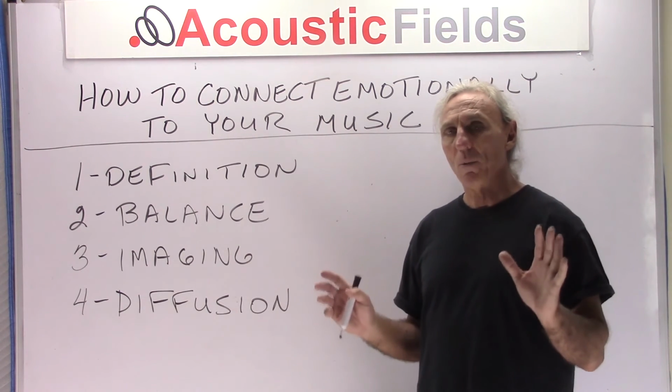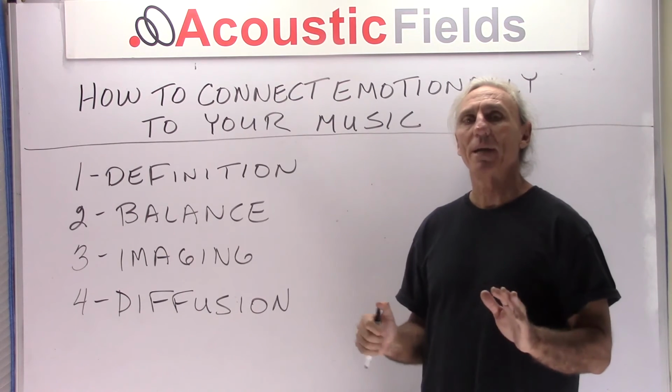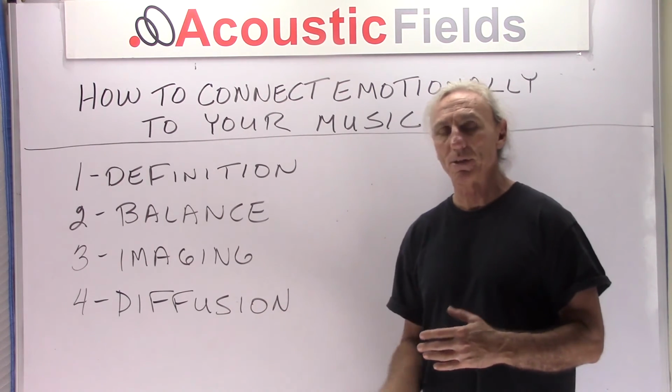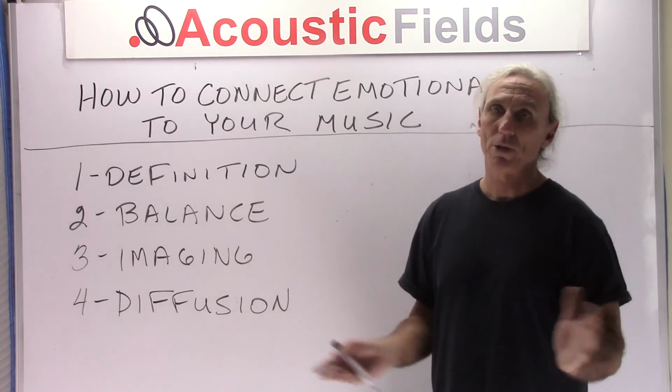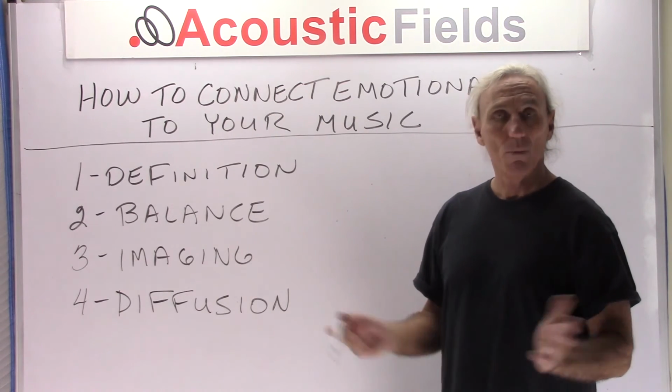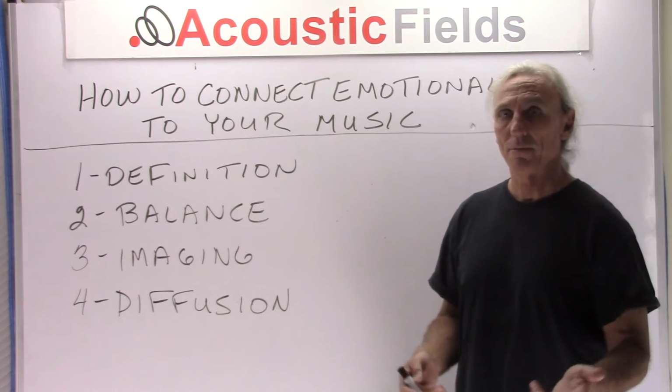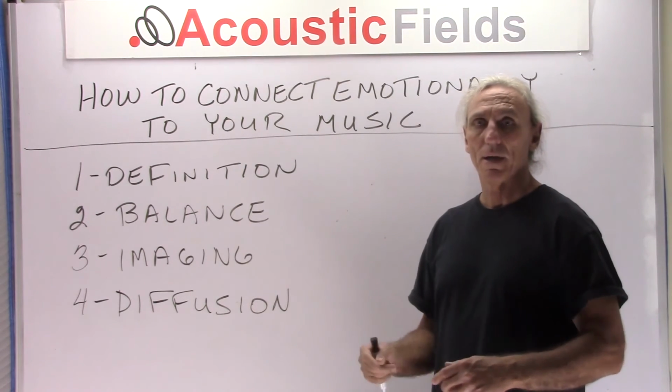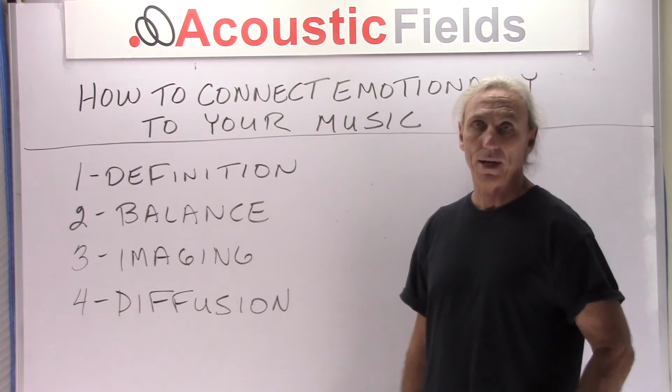So it has a way of tricking our brains into thinking that the boundary surfaces that we have in our rooms are actually larger than they are. And what a great thing. You want to have your music and everything sound much larger than it actually is.